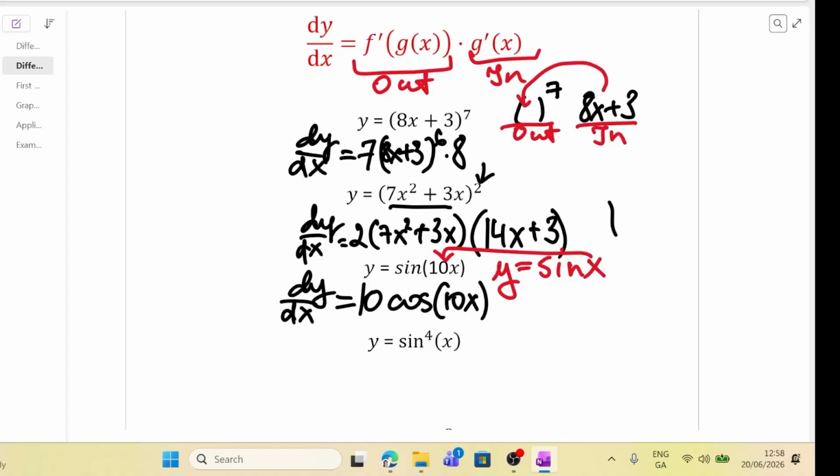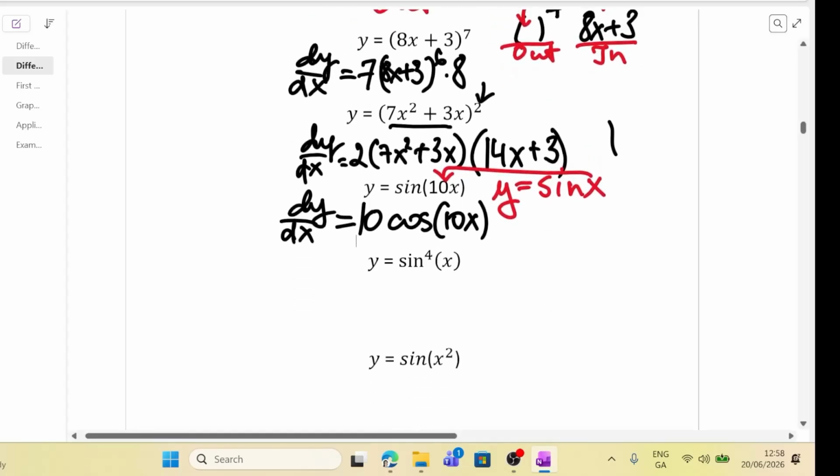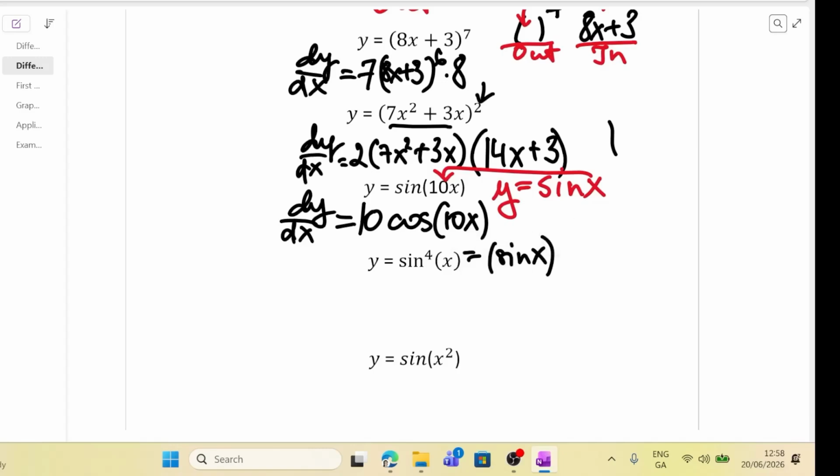For the next one, this one is slightly different because you can see that you have a power and sine of x, and that could be written in the following way: sine x to the power of 4. And now the sine of x is in your log tables, so nothing has changed with that. So the power is outside, and the sine of x will be your inside.